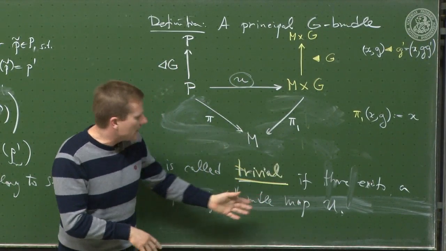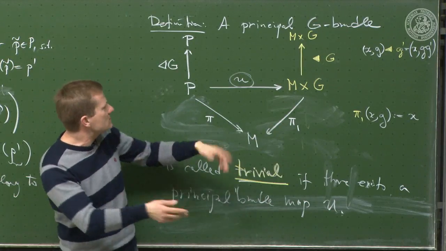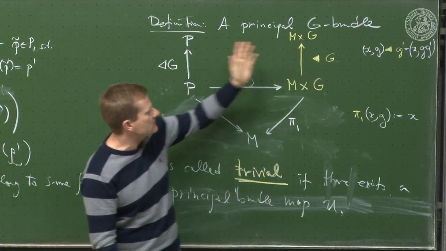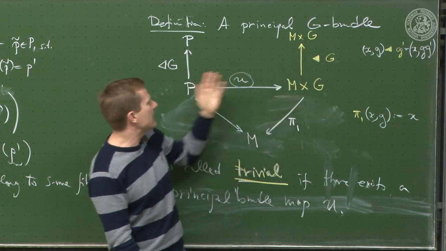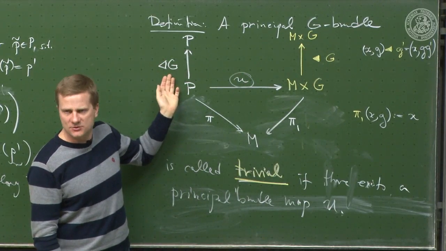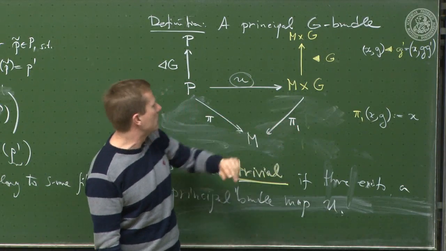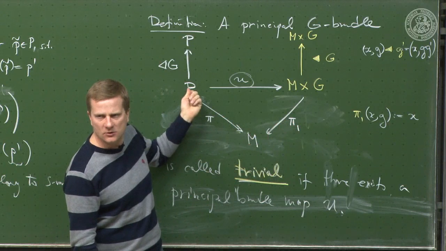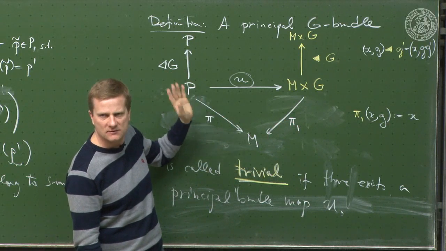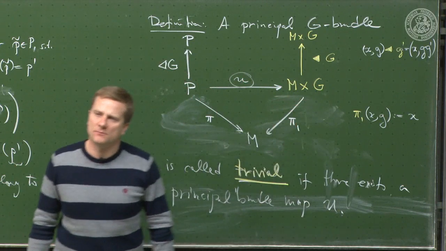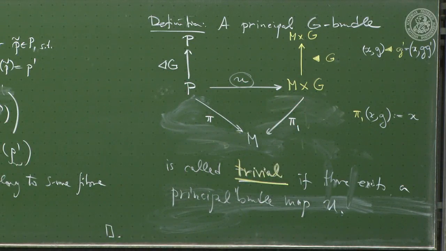All the structure here may look more complicated, but in fact it's diffeomorphic to this. Then any such bundle is called a trivial bundle, if after an appropriate diffeomorphism on the total space that preserves the group action and so on, it takes this simple form.